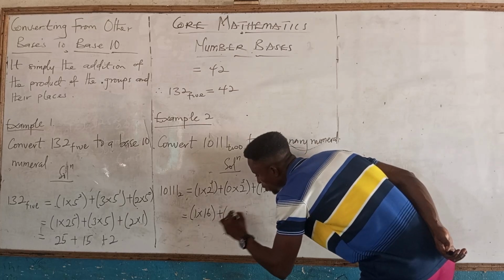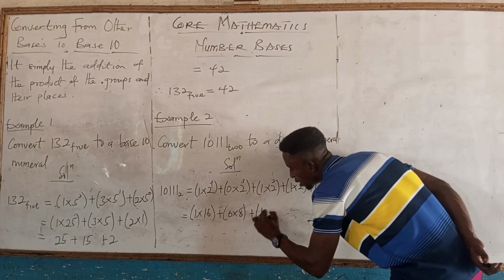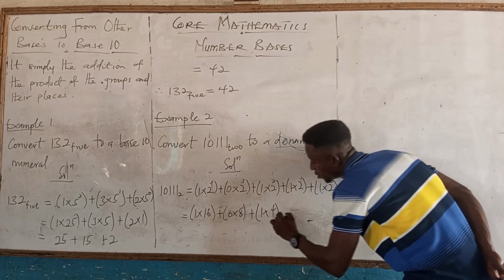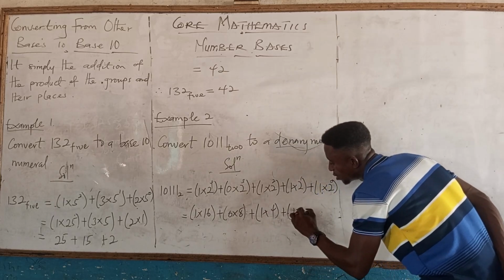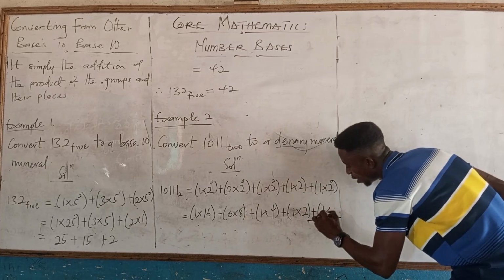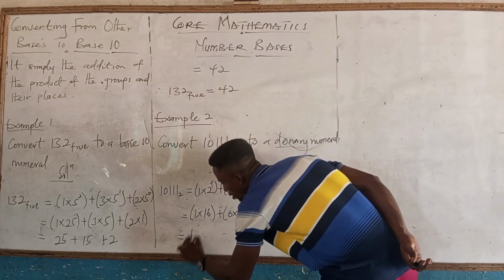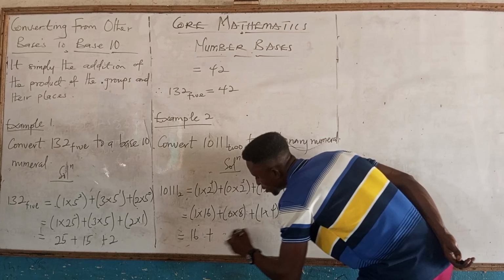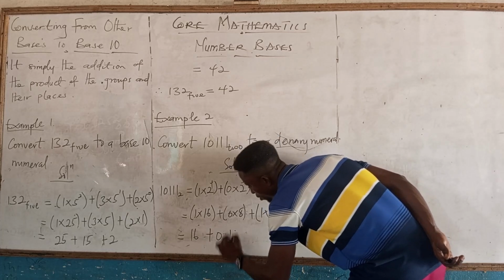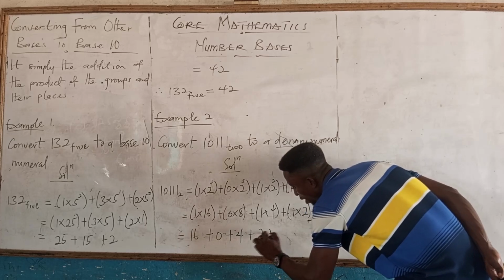So I'll have 0 times my 8, then plus 1 times my 4, plus 1 times my 2, plus 1 times my 1, because 2 exponent 0 gives 1. And this one will get me my 16 plus 0 plus 4 plus 2 plus 1.